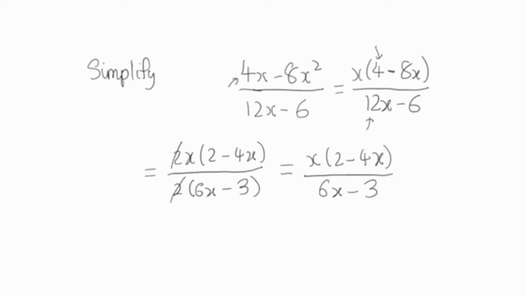And what you can do here is just simplify it one more step, because you can take out 2 as a factor again from the top. So we have 2x is 1 minus 2x, and then that is divided by 6x minus 3. And that will be our most simplified form, and we just leave our answer like this. So this is the simplified form.